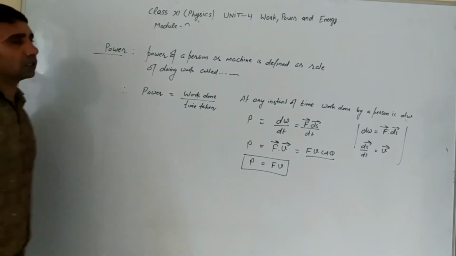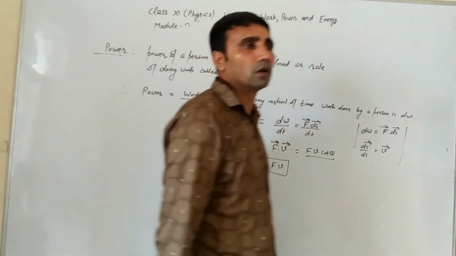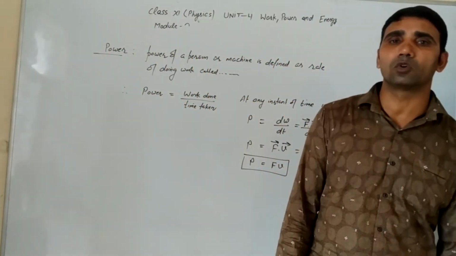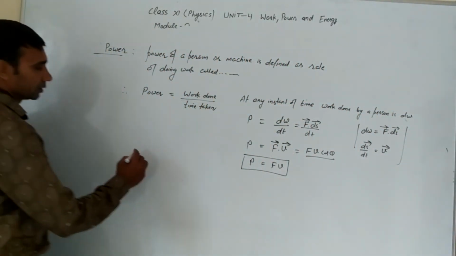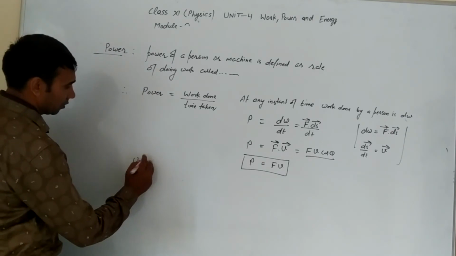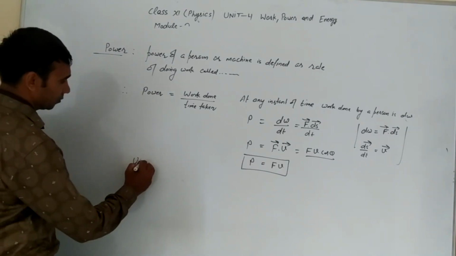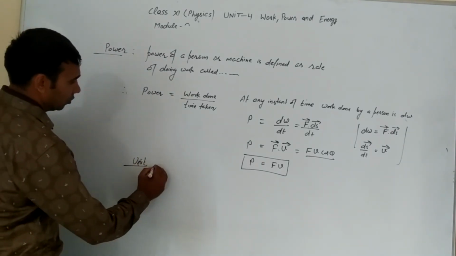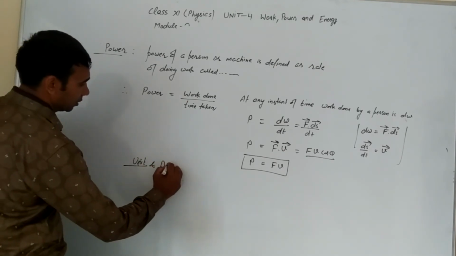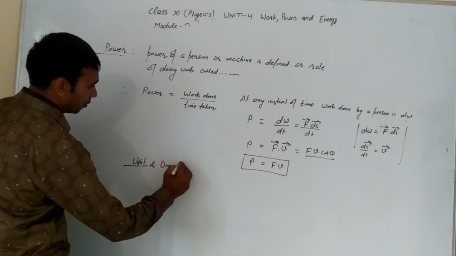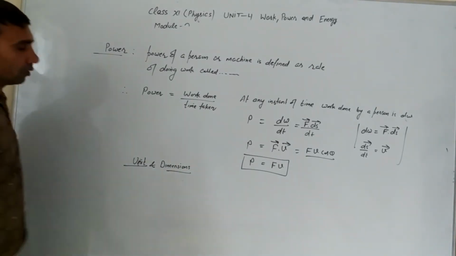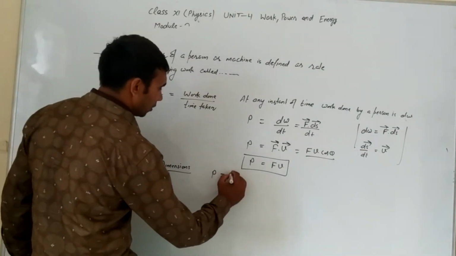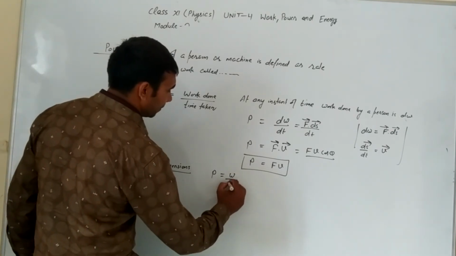What are the units and dimensions of power? Power is equal to work divided by time.